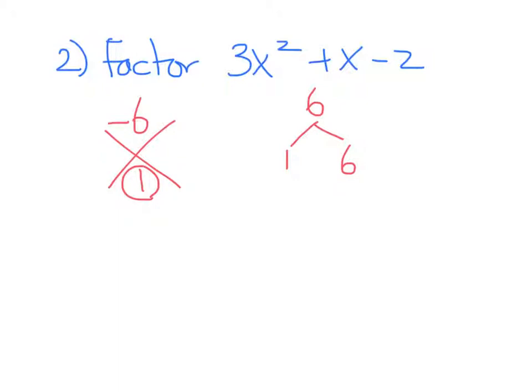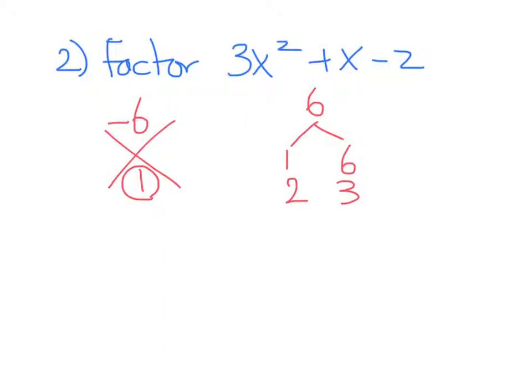Okay, so what I'm going to do next, what is 1 greater than 1? 2. So I'm going to start with 2. 2 times what is 6? 2 times 3 is 6, right? But then if I combine 2 and 3 together, I get either a 5 or a 1, right? But we have a negative 6, which means one of the two numbers has to be a negative.